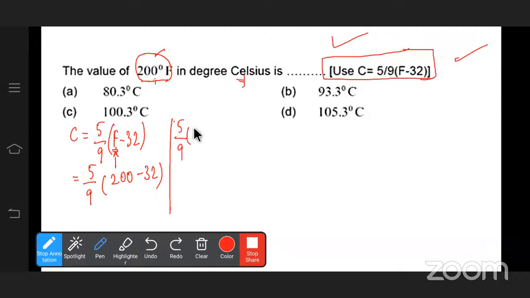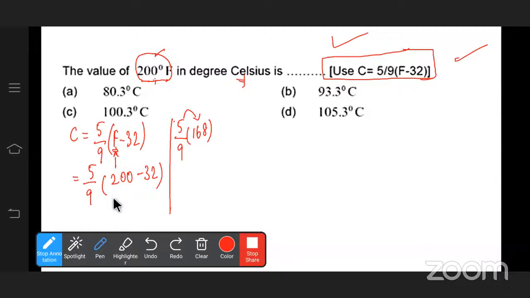Very good, 158, right? Now I'm going to multiply these two numbers, 5 into 168, and divide by 9. Do you understand this step? 5 by 9, the value of F is 200.